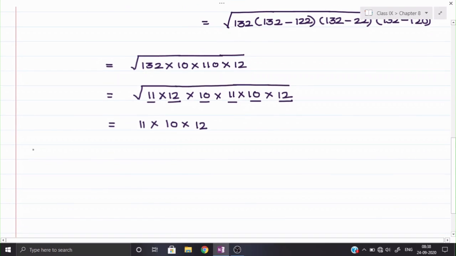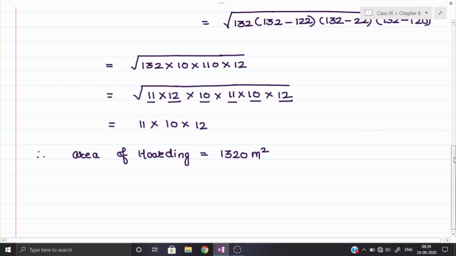Therefore the area of the hoarding would be equal to 11 into 12, again 132, and into 10. So this will be 1320 meter square. This is the area of the total hoarding given to us.